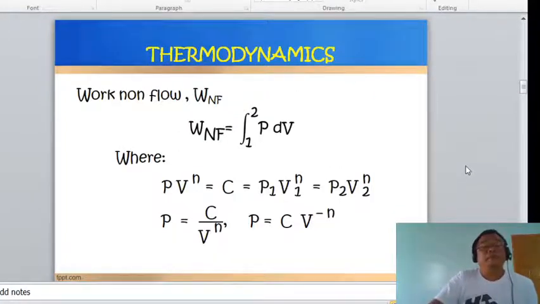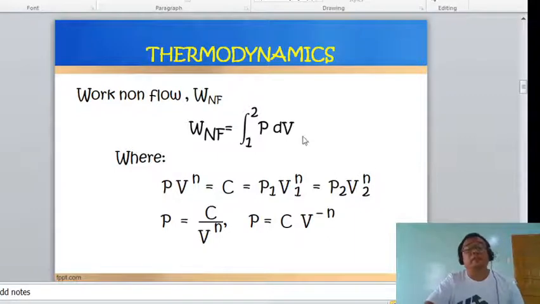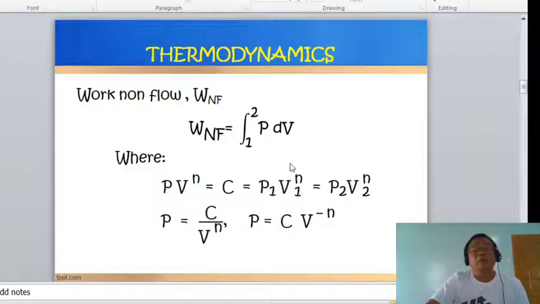For non-flow work, work non-flow is equal to the integral of P dV, that is the area below the PV diagram. PV raised to n equals constant, and then P equals C over V raised to n, or simply P equals C multiplied by V raised to negative n.